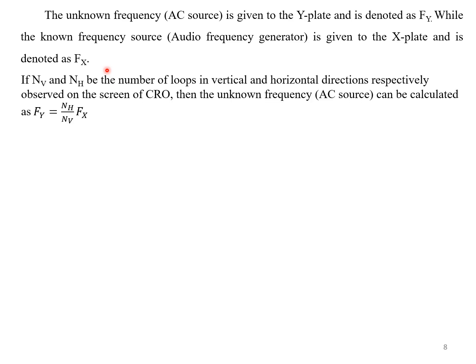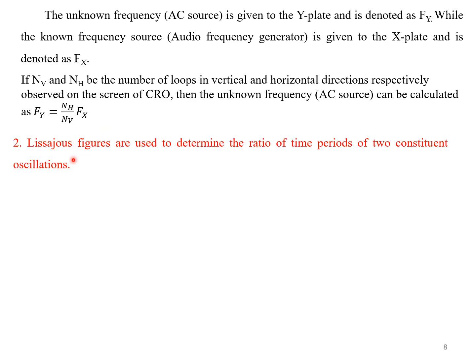If NV and NH are the number of loops in the vertical and horizontal directions respectively observed on the screen of the CRO, then the unknown frequency can be calculated using the formula Fy is equal to NH divided by NV into Fx.